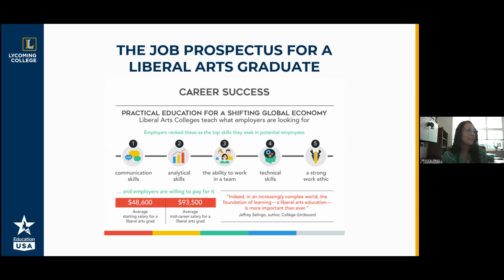And so, this is an image that I was able to find. There's an organization that supports the liberal arts and sciences education here in the U.S., and this is a graphic from there.